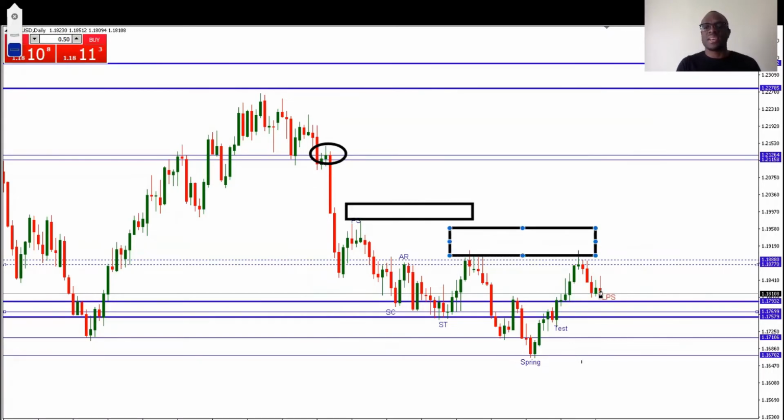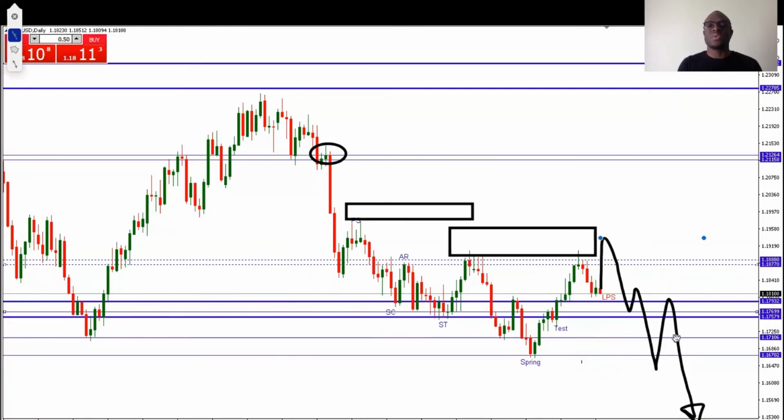So if it's going to conform to our accumulation schematic, we would expect the price to push to the upside, take out the liquidity here, but then on retesting this it may fail, and then it breaks this low, which means it would have broken our structure to the downside, retest it, move to the downside to maybe take liquidity here, come back again, take liquidity that would have been formed and push to the downside.